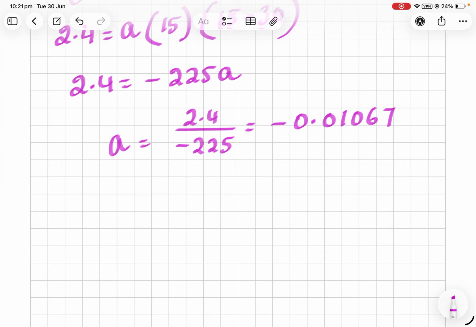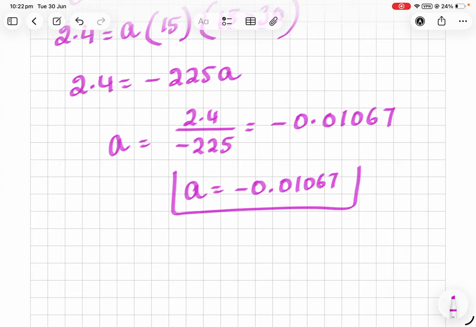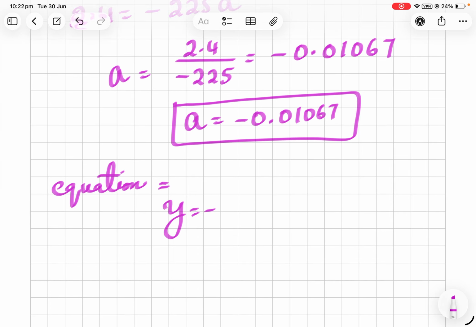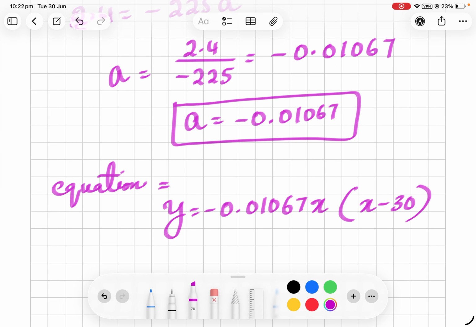The final step is, once you have your a, you go back and rewrite your equation with all the values that you have. So resubstitute it. Your equation is going to be y equals negative 0.01067x times x minus 30.